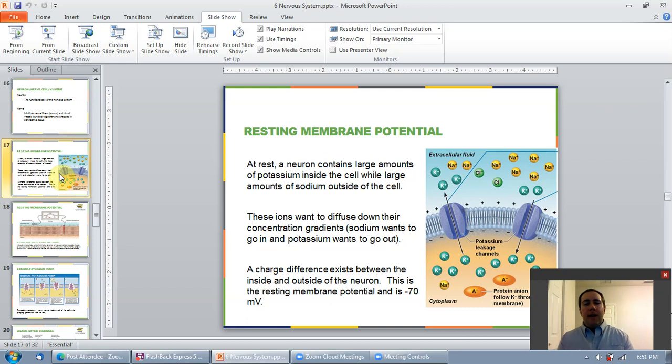So the first thing we need to talk about is what is going on with a neuron when it is not sending signals. When a neuron is not sending signals, we say that it has a resting membrane potential. Now, potential is an electrical term. It means a difference of charge from one side to another.